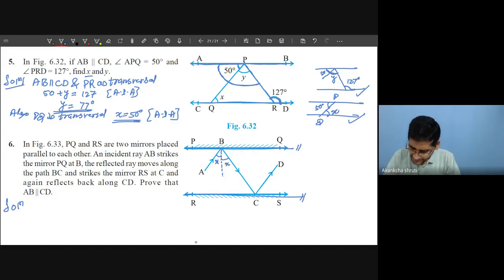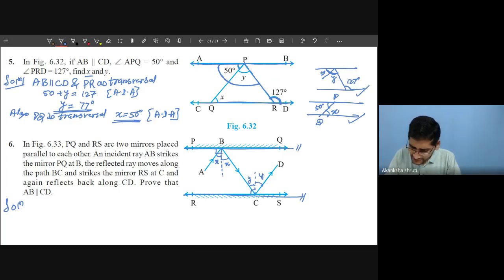Again, if you take the perpendicular from here, since it is perpendicular, this angle is 90 degrees. Here it is also perpendicular, this angle is 90 degrees. Now you can observe that this angle you may write as y, and this will also be y.